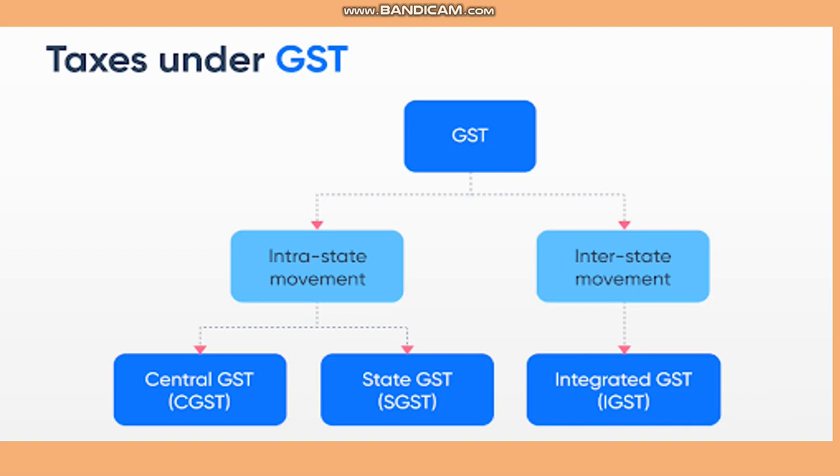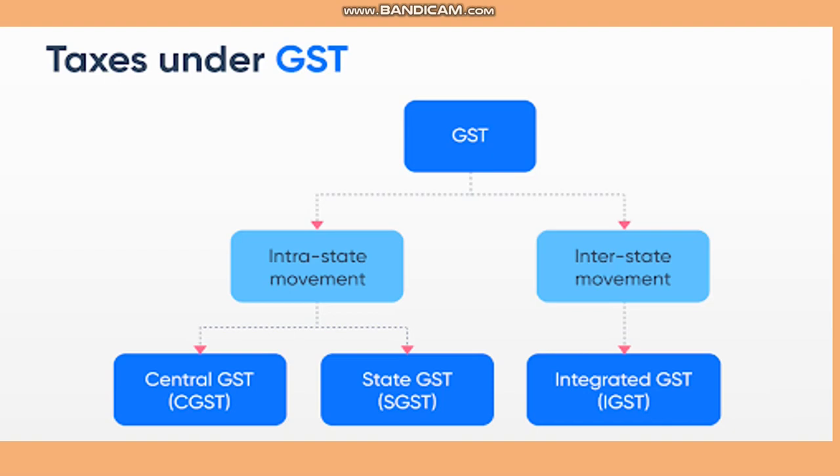Interstate supply means sale or supply or transfer of goods or services from one state to another state. The same fireworks or crackers supplied from Sivagasi to Gujarat, Sivagasi to Bangalore, Sivagasi to Delhi means the goods are the same, but the supply place is different.